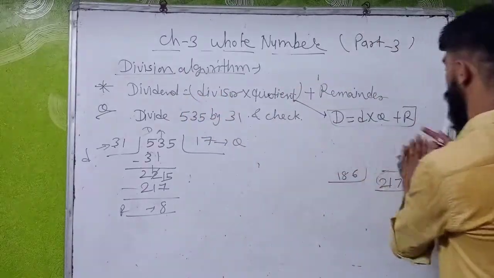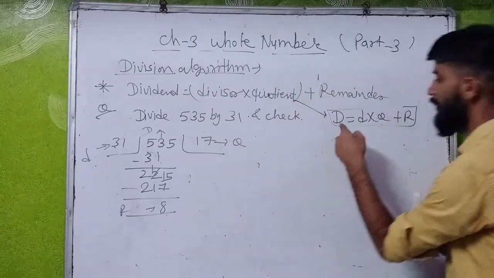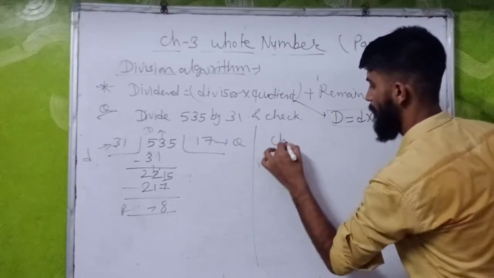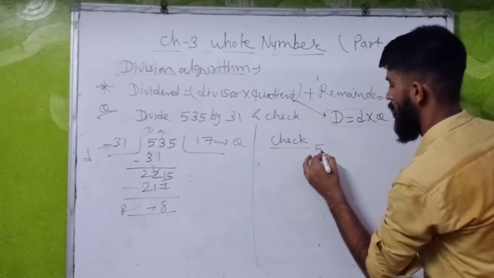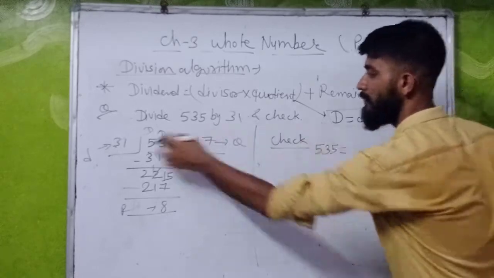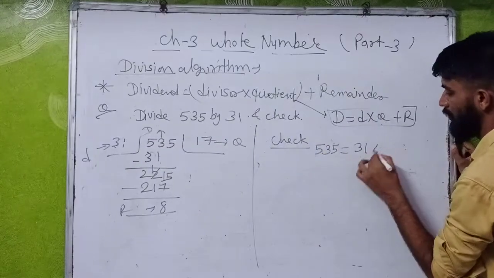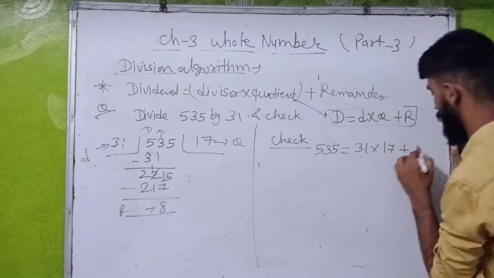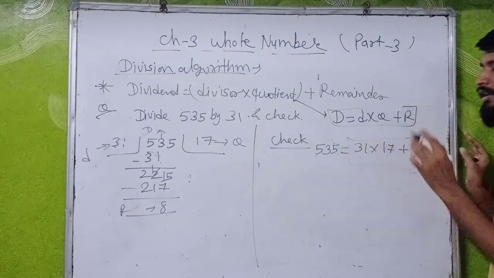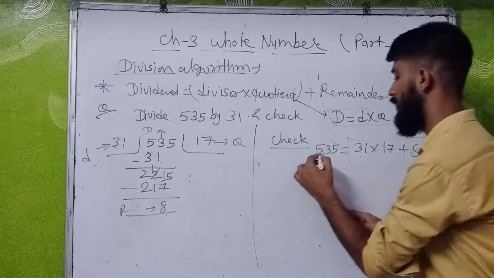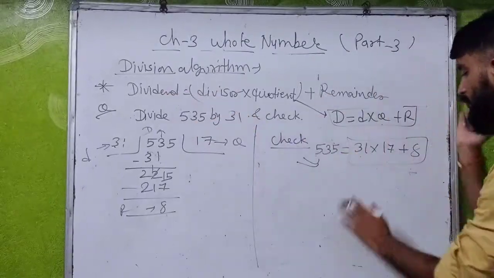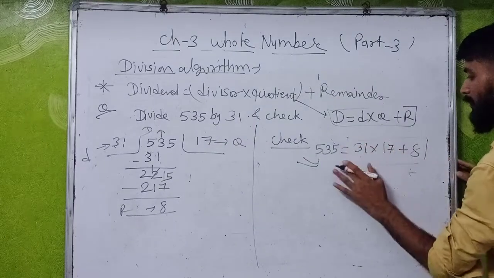Now after this we have to check whether our answer is right or wrong. So we apply this formula. Here capital D means 535, small d means 31, Q means 17, plus R means 8. If we solve our RHS, then we should get our capital D, the dividend.